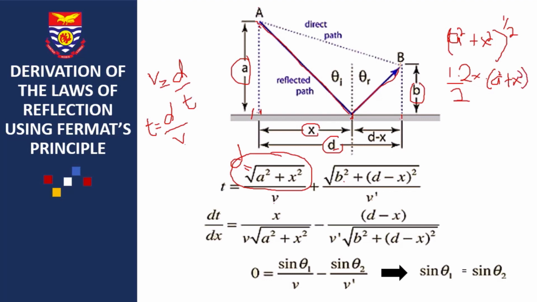But because we are finding the differentiation of it, we have to subtract 1 from the power so that we get negative 1 over 2. After finding the differentiation, only what we have at the top here is what we get, so that these 2 cancel these 2, and we get x multiplying a squared plus x squared, to the power of negative 1 over 2.